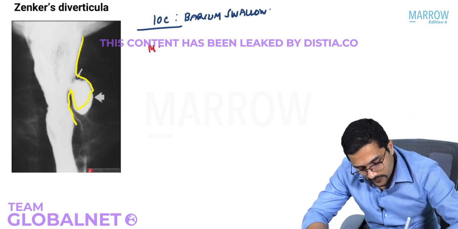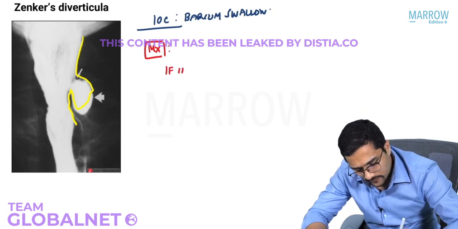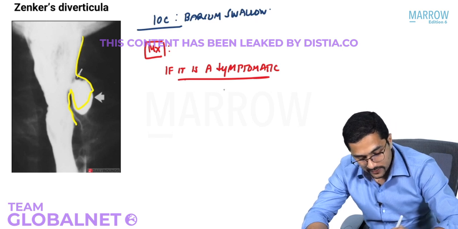Now, the management of these patients with Zenker's diverticulum: if it is a symptomatic diverticulum, then we need to carry out surgery.